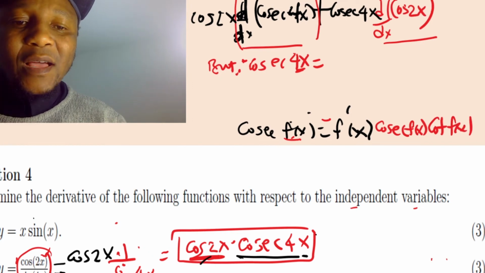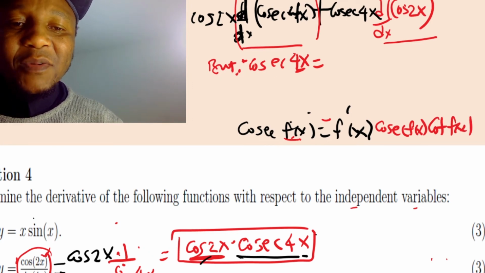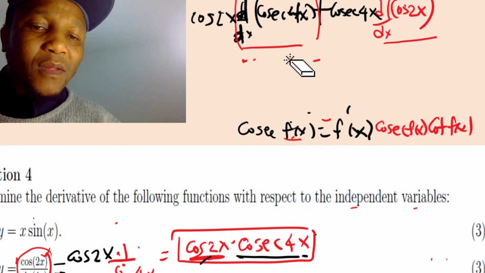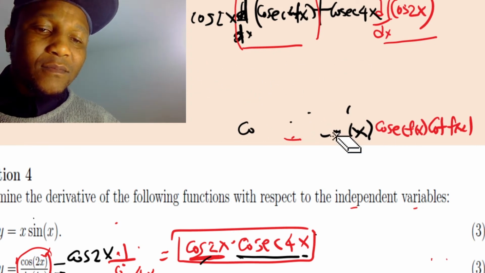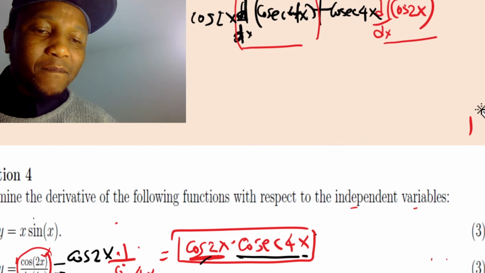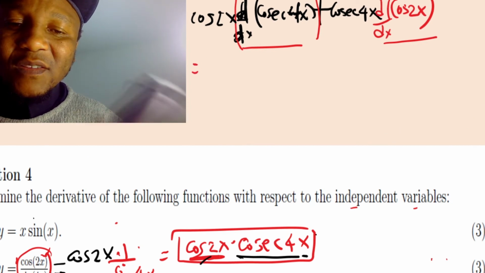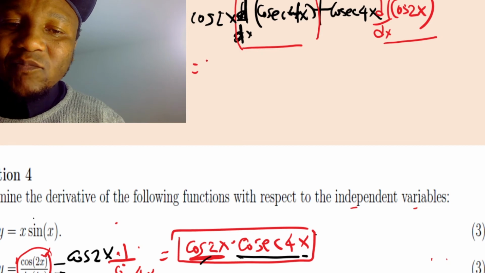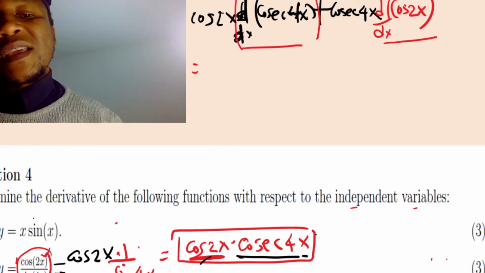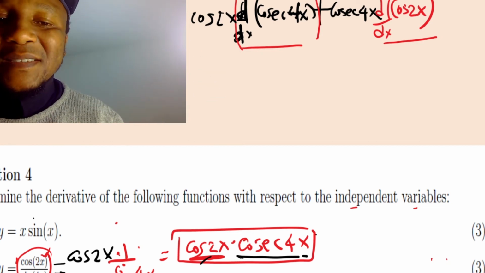So for this one, let me write here. We have our cos 2x, and we want to differentiate cosec 4x.